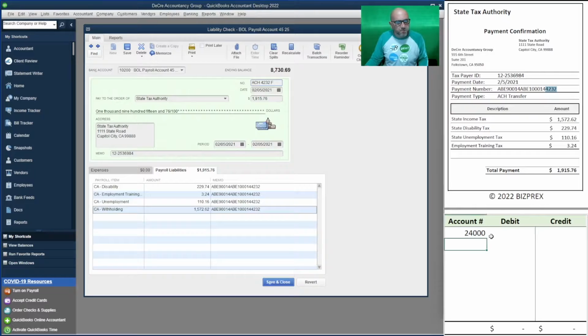All right, so let's reflect what's happening. So our liabilities are being reduced. Liabilities are reduced when what? When debited. Straightforward. So let's show those. Here they are. Remember, first we increased them when we ran payroll.